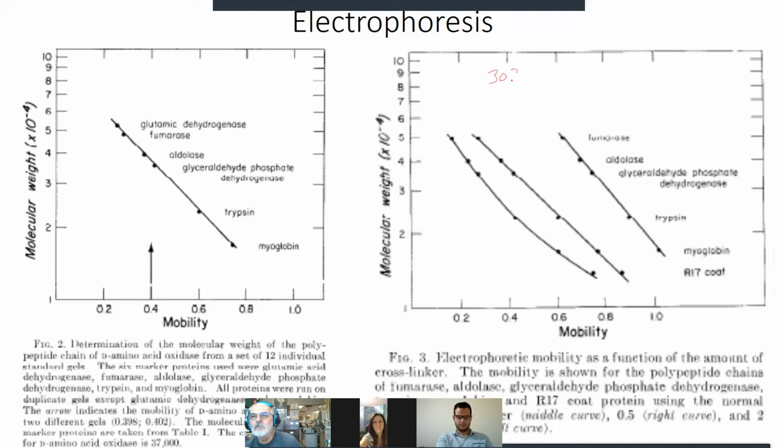We usually would make a 30% stock, but in that stock, we would also have some amount of bisacrylamide. It might be 1%, and I'm making this up, a bisacrylamide concentration. And then you would dilute this to some amount. We typically ran 8% gels, although the stack would be a different thing. So you would do a dilution from this 30% to 8%, and necessarily you would dilute the 1%.